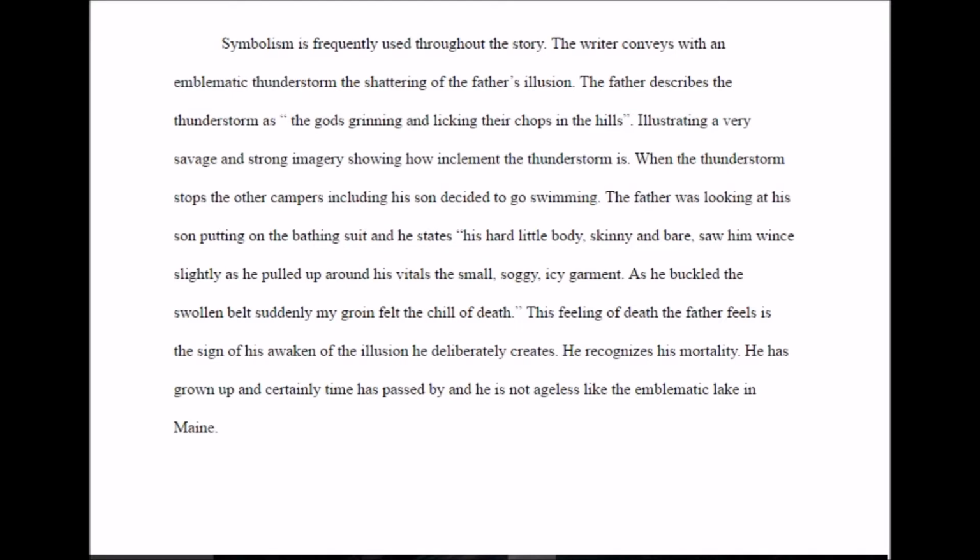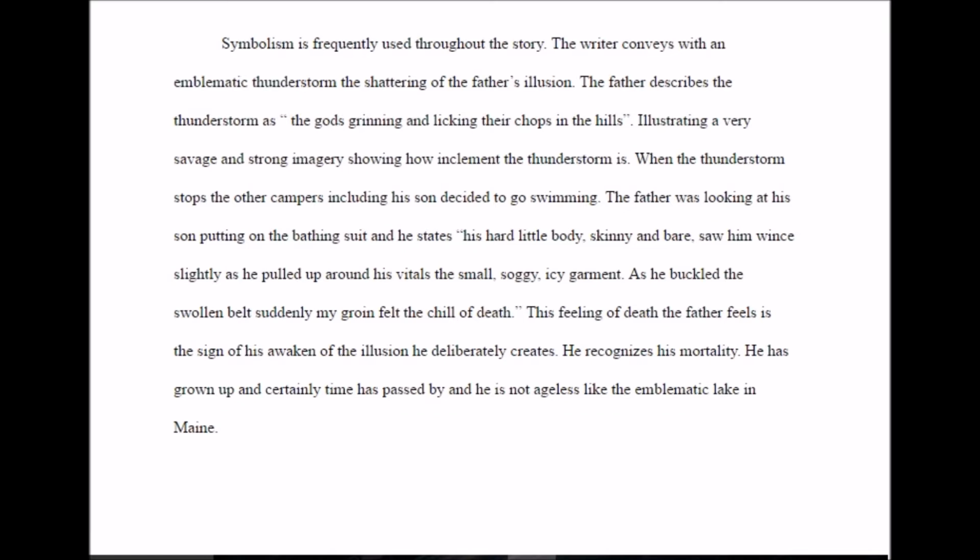As he buckled the swollen belt, suddenly my groin felt the chill of death." This feeling of death the father feels is the sign of his awakening of the illusion he deliberately creates. He recognizes his mortality. He has grown up and certainly time has passed by, and he is not ageless like the emblematic lake in May.